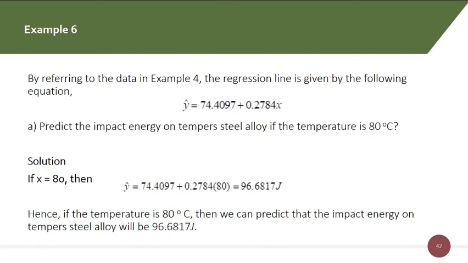Then you just substitute 80 into the equation and get the answer. Hence, if the temperature is 80 degrees, we can predict that the impact energy on tempered steel alloy will be 96.6817 joule.